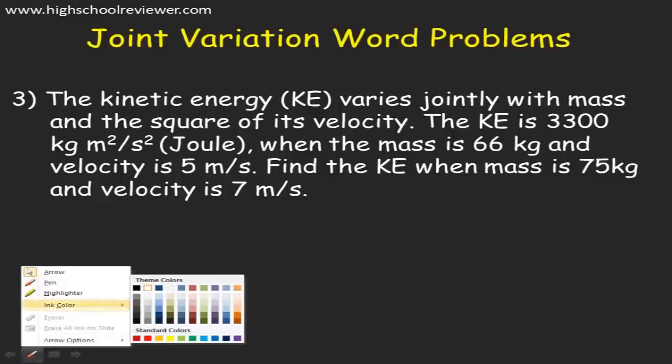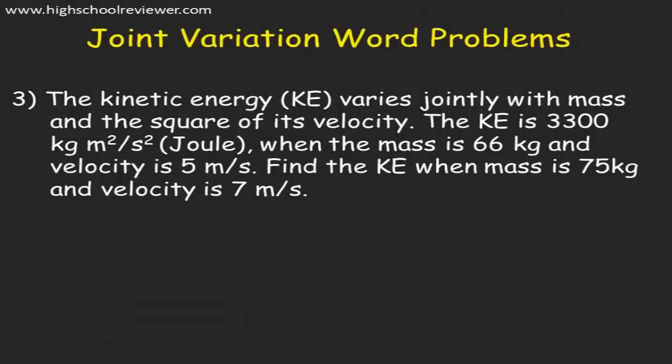Okay, basing on the problem, we have the given, the kinetic energy, and it varies jointly. So KE will be on the left side of our equation. KE here is one of the givens. Another given is mass, and the other given is the square of velocity.